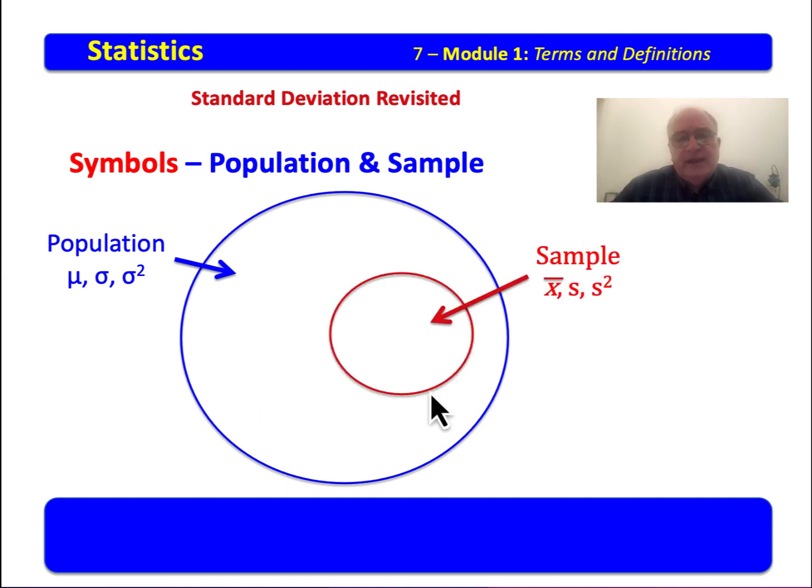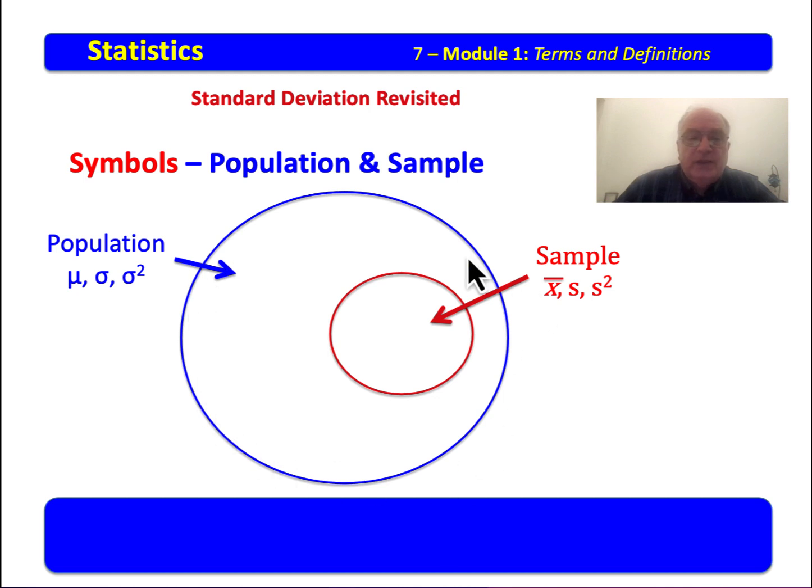If we take a sample of the population, represented by this little maroon circle, then the sample has x bar, which stands for the mean of the sample, s, which stands for the standard deviation of the sample, and s squared, which stands for the variance of the sample. Now, I will remind you why we take a sample.